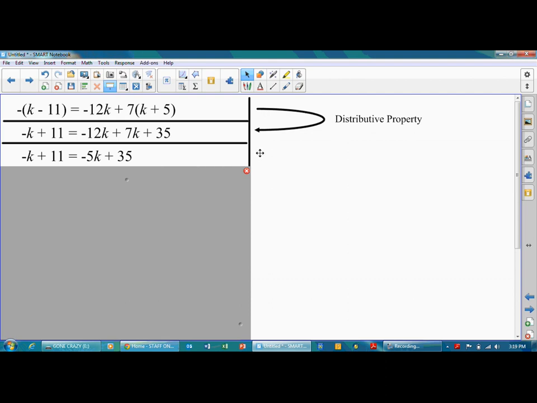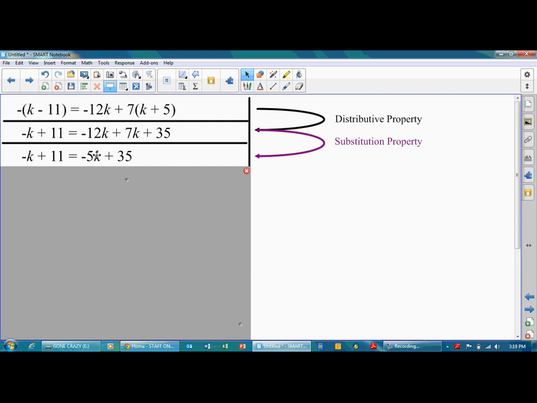Well, there's no combine like terms property, like I said, but there is the substitution property. Remember, the substitution property allows us to replace something that we know for something shorter, or longer rather, sorry. We know that negative 12 plus 7 is negative 5, so we can replace this with negative 5.